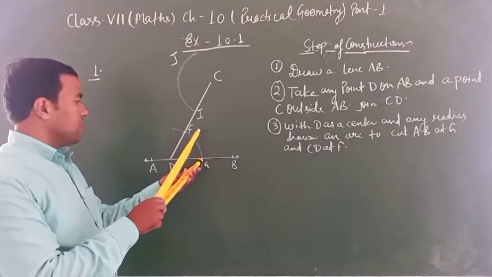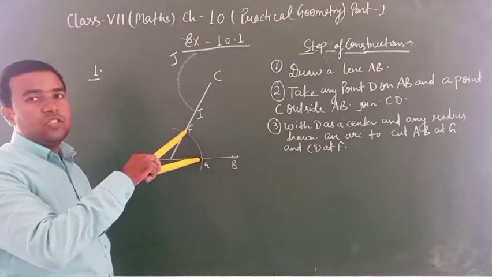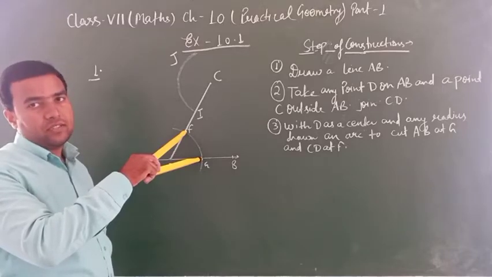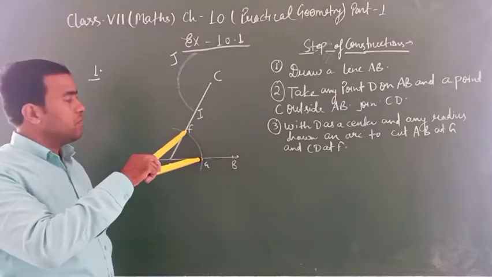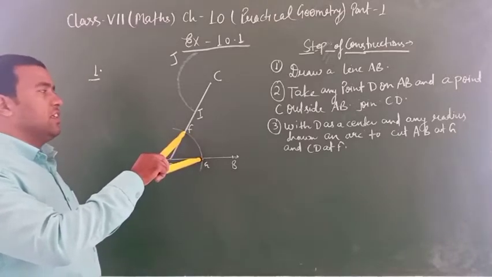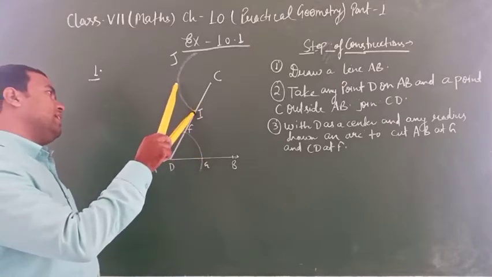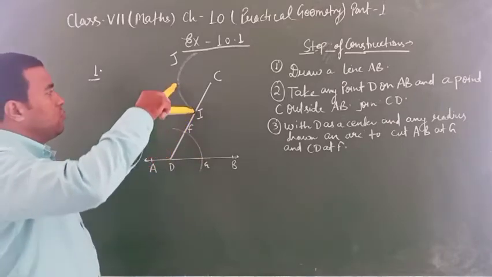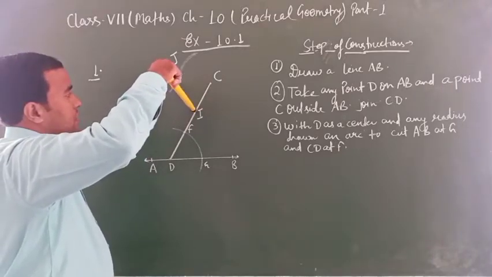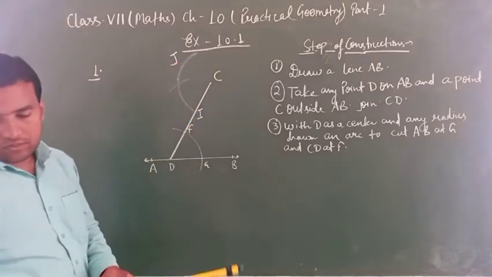After that, to cut AB, whatever distance is there from F to G, that radius you will measure from the compass. Clear? Same radius from I as a center, you will cut arc IJ at which point?